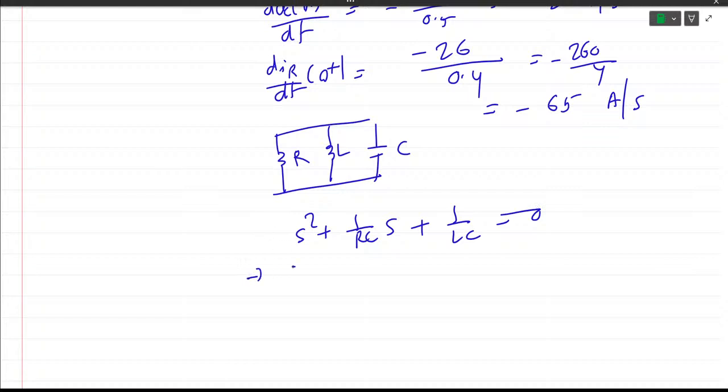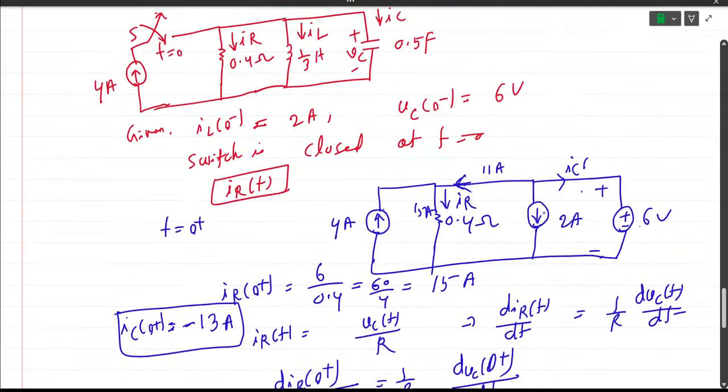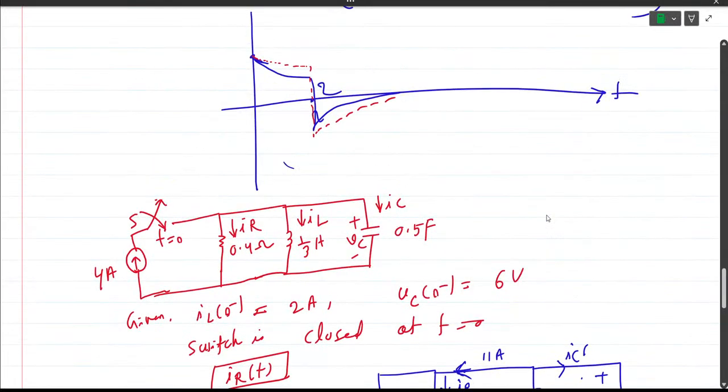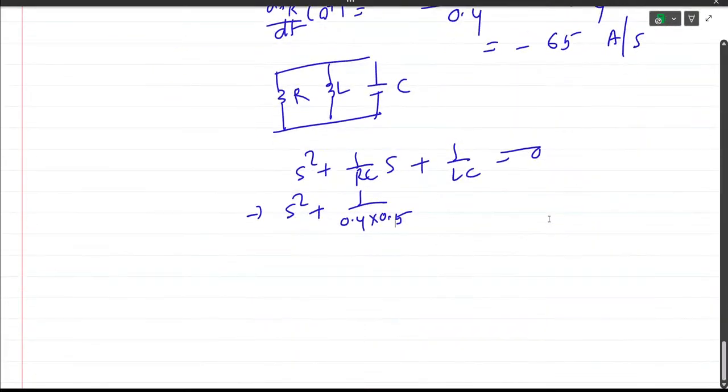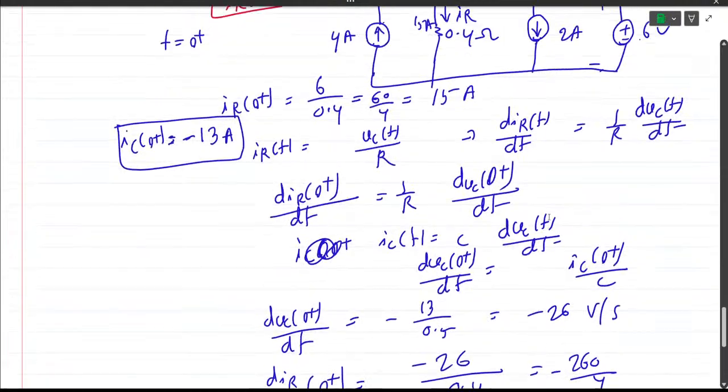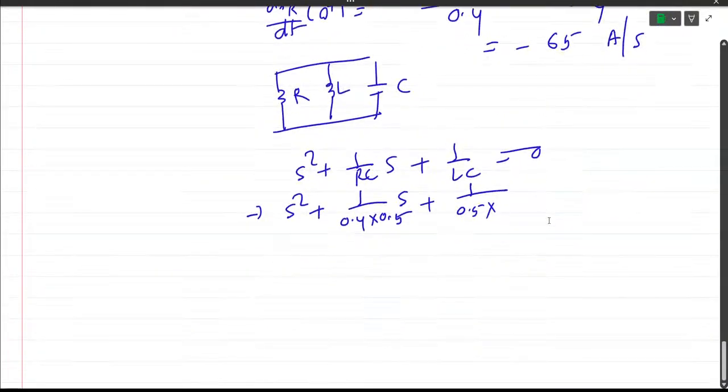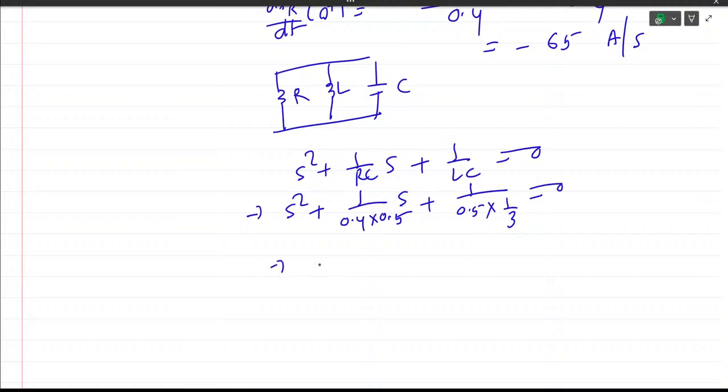Put the values: S square plus 1 upon RC, R is 0.4, C is 0.5, right? And 1 upon LC, 1 upon 0.5, and L is 1 upon 3, equal to 0.